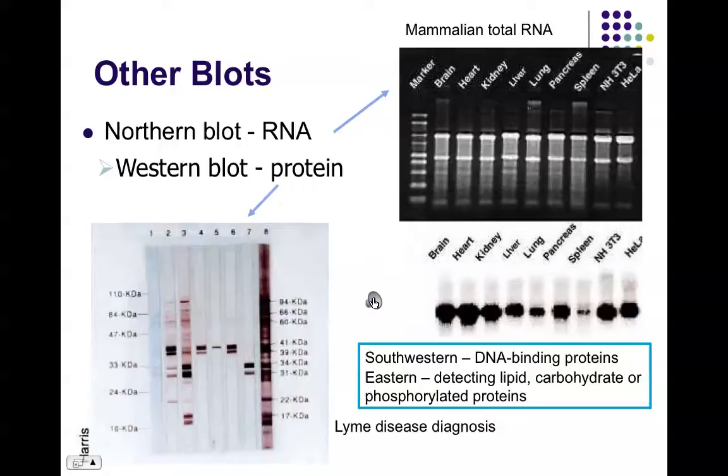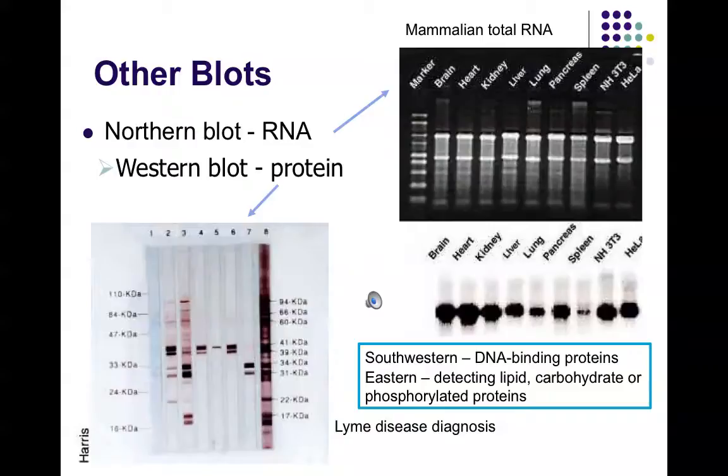In addition to Southern blotting, with the electrophoresis and transfer of DNA fragments, we also have northern and western blots. A northern blot would be electrophoresis of RNA fragments with transfer to a more stable plastic type of membrane, and western blots would be the electrophoresis of proteins, again with transfer to a plastic matrix.